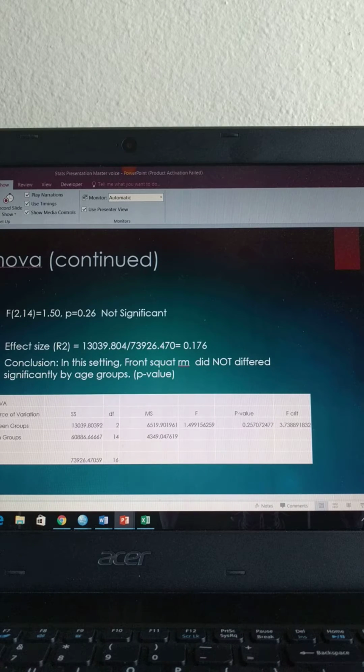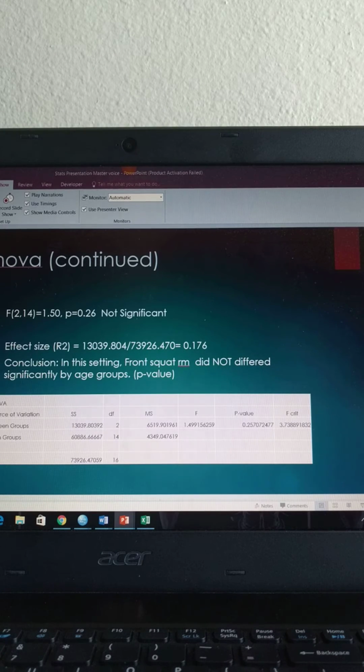And the effect size was 0.176, based on dividing 13039.804 by 773,926.470.